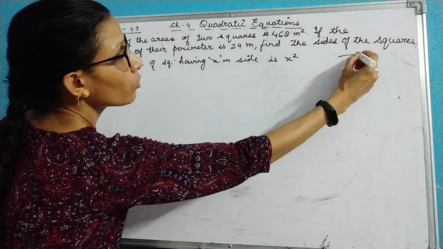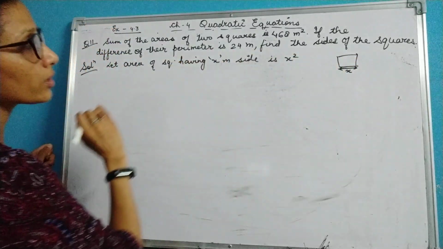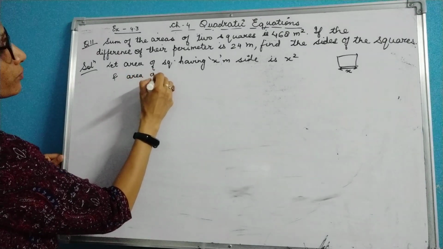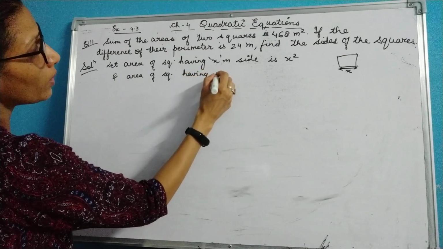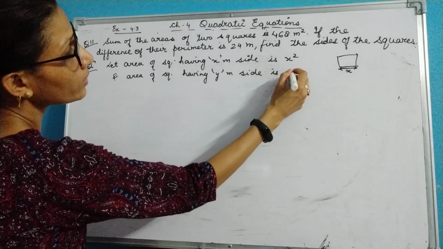If one square is having x as its side, then its area will be x square, and the area of a square having y meters side is y square.